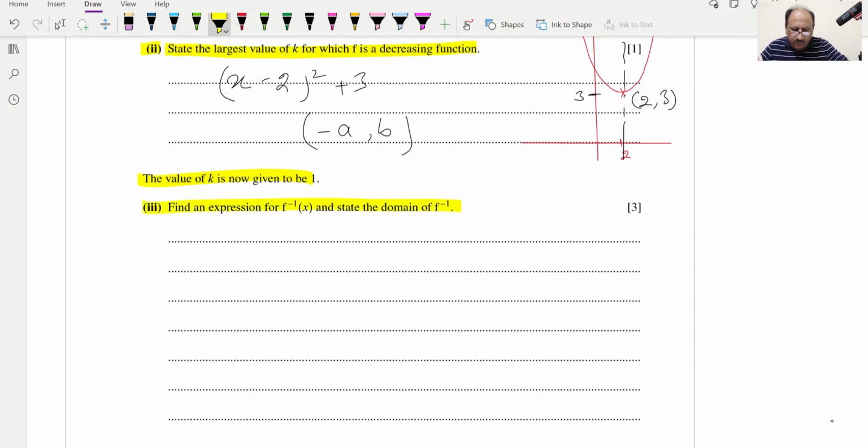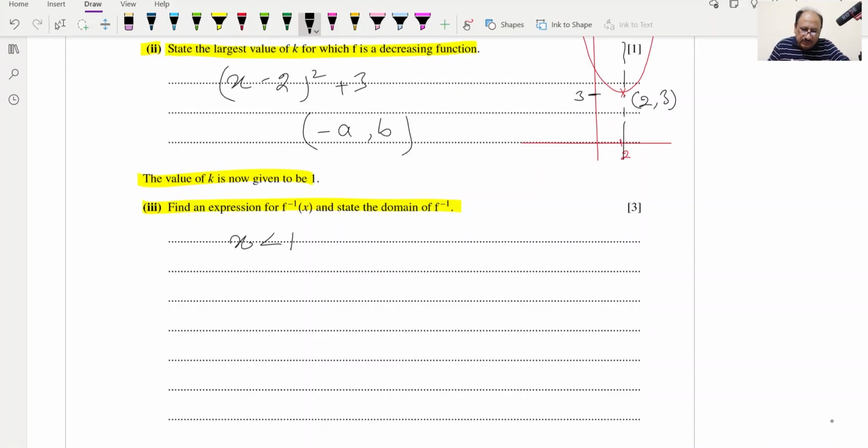Find an expression for f inverse of x and state the domain of f inverse of x.